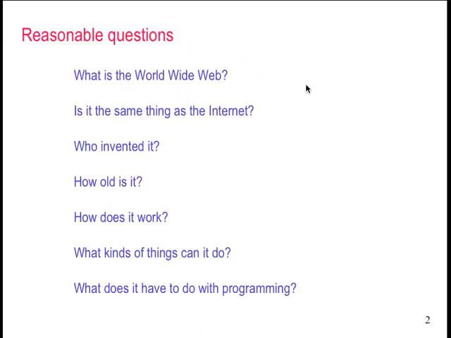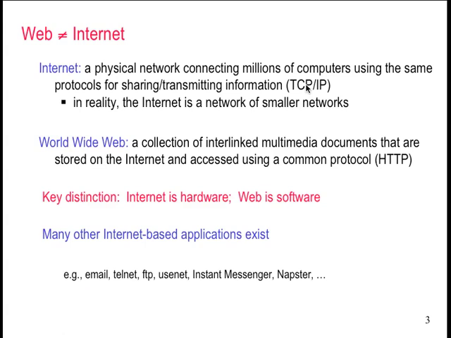Reasonable questions. We actually answered some of this already. We know the web is not the internet, right? The internet is the physical network itself, the TCP/IP, the protocols, the transmission, the sharing of data. In reality, the internet is a network of smaller networks.